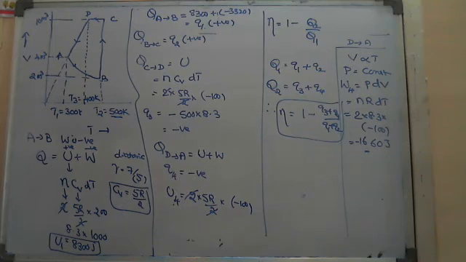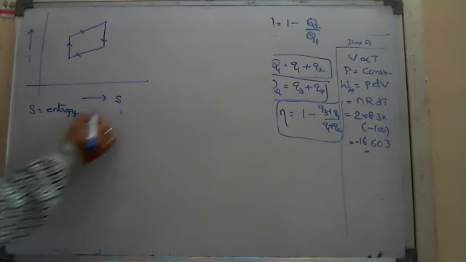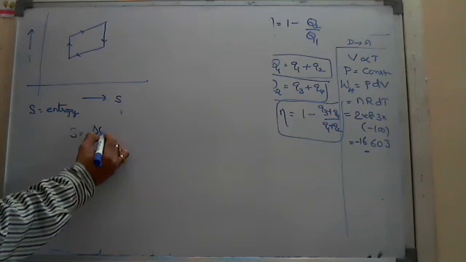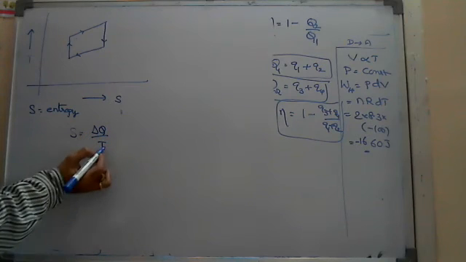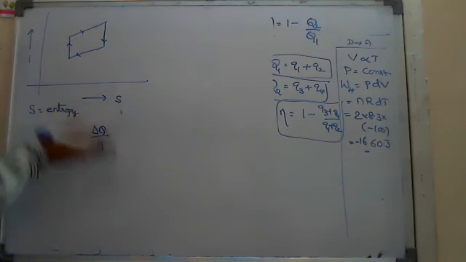Here, understood how to do it. Now if you come to the ST graph, the advantage is this. Generally, the entropy definition we say is S equals delta Q by T. At one constant temperature, what is the amount of heat absorbed? That ratio is called entropy.